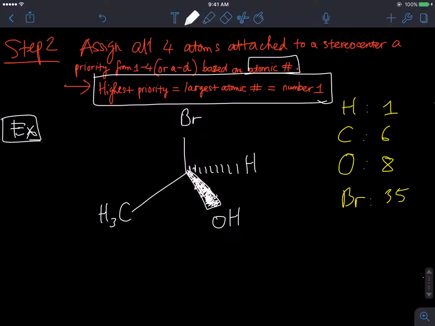We have bromine, the biggest one. The largest atomic number is number 1, so bromine is number 1. Oxygen is number 2. Number 3 is the carbon, and number 4 is hydrogen.